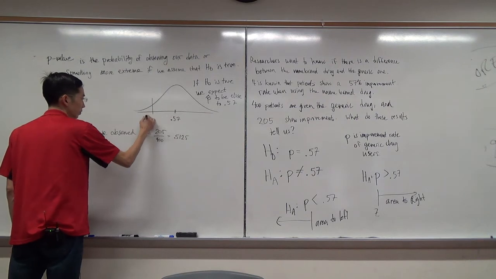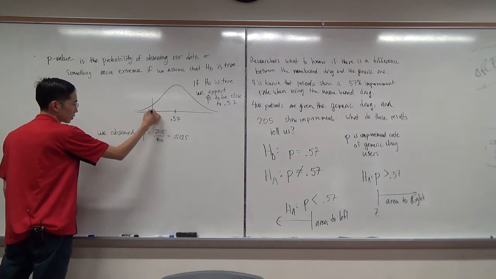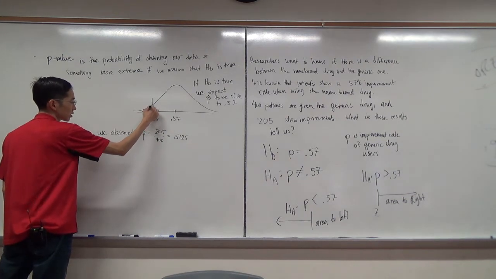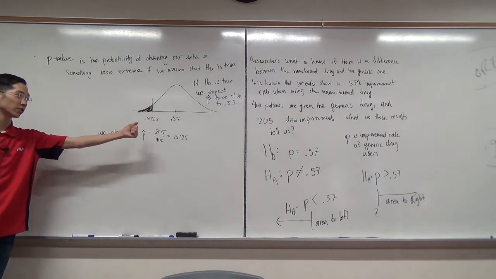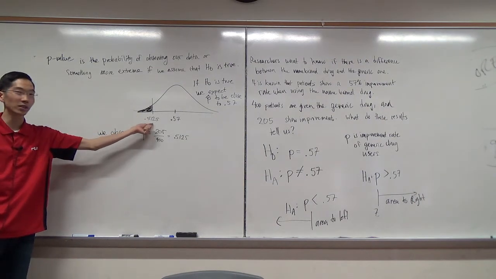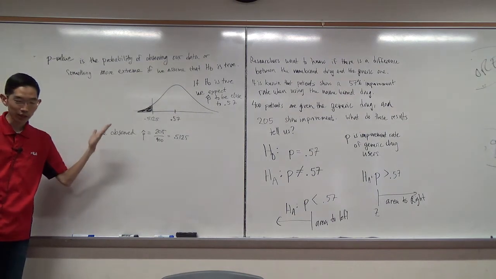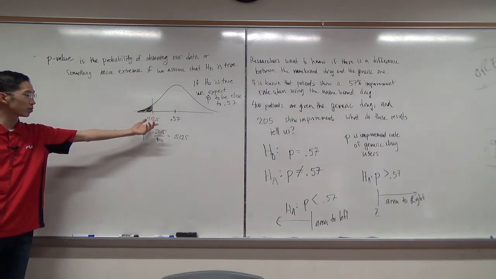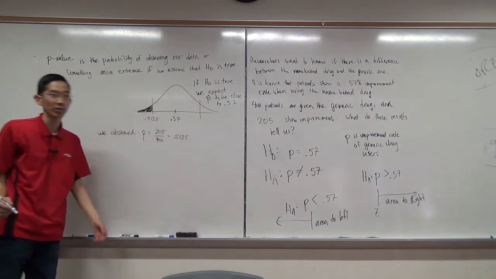So that's down here. So we want to know what's the probability of seeing something as unusual as our data or something even more unusual or more extreme. So we're going to do 51.25% or anything lower. But equally interesting would be something that is that much or greater.